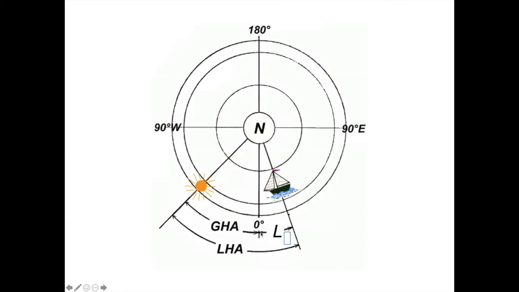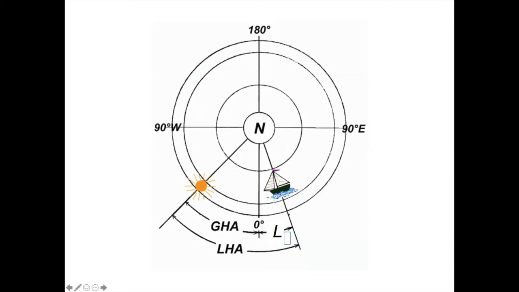The longitude is the difference between the Greenwich hour angle and the local hour angle. If you have the time at Greenwich and you have the local time, you can determine your longitude. In fact, throughout the 19th century, ships had several clocks synchronized with the Greenwich time so that they could know what their longitude was.